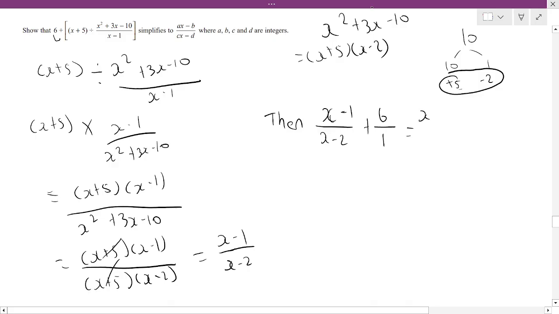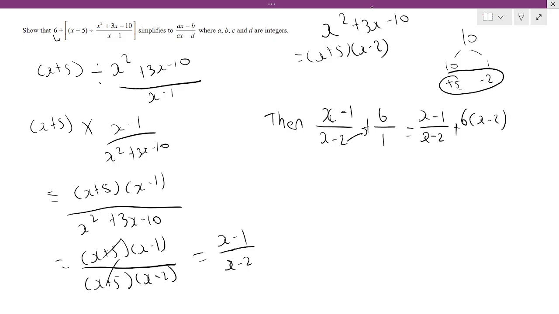So we're going to need x minus 1 over x minus 2, then we need to times x minus 2 to the top and bottom here. So it would be 6 times x minus 2 over x minus 2. Then we can add across because now they have the same denominator, just like with normal fractions. x minus 1 plus 6 lots of x minus 2 over x minus 2.